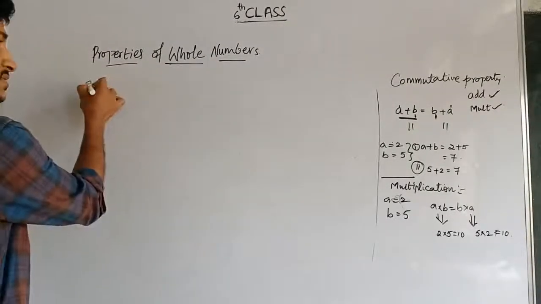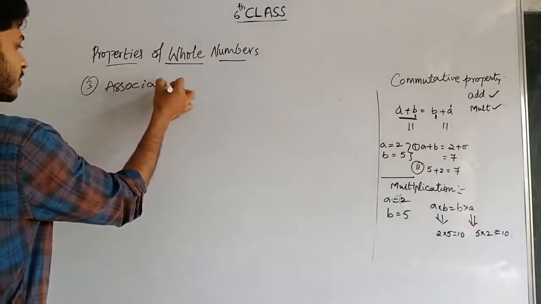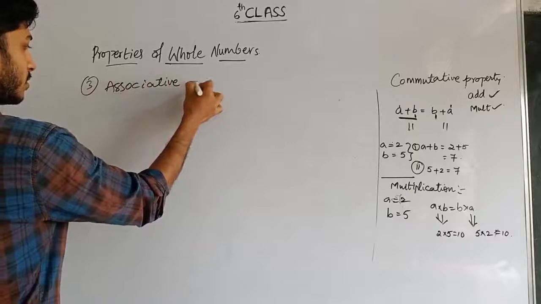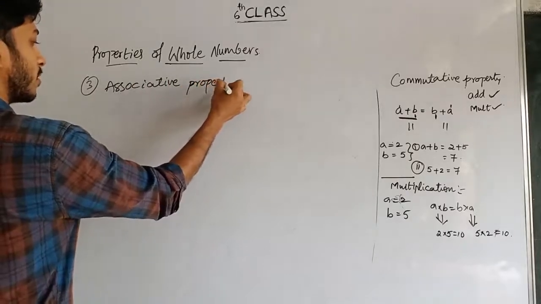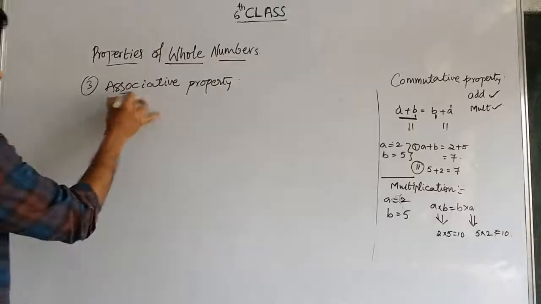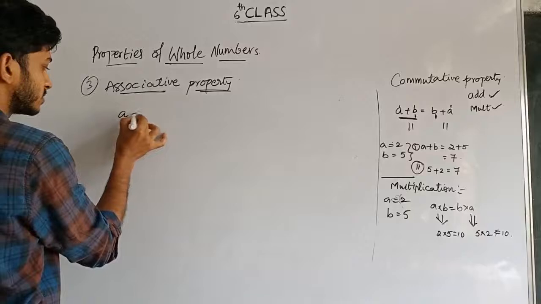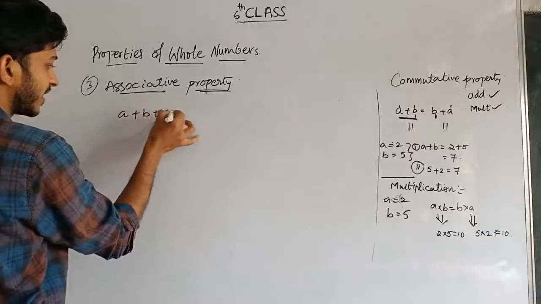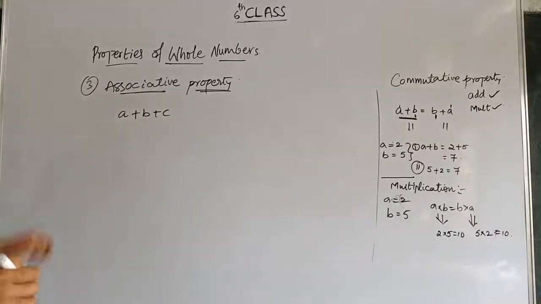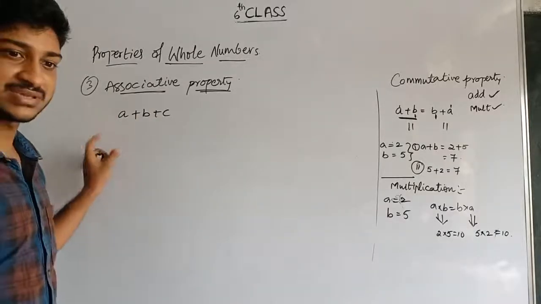This property is about priority or grouping. So a plus b plus c, if you take three numbers, I am taking three whole numbers.